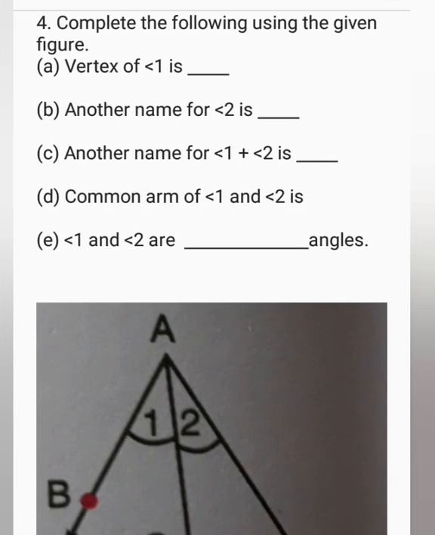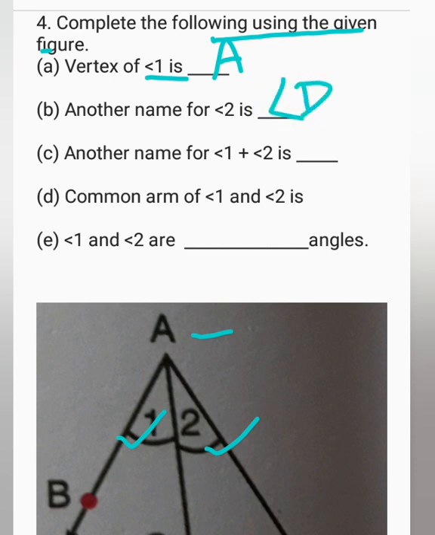Now the next question. Complete the following using the given figure. Vertex of angle 1: angle 1 vertex is A. Another name of angle 2 is DAC. Next question.